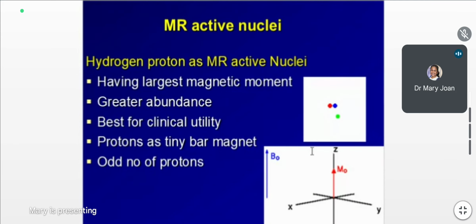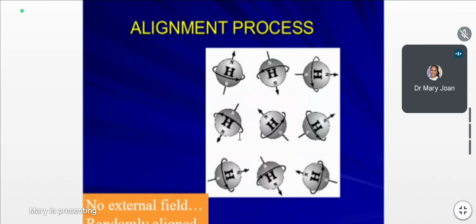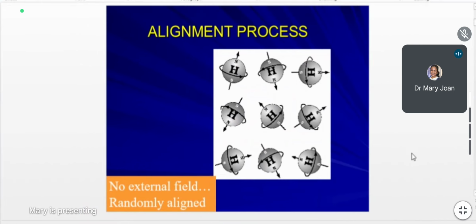Hydrogen protons are MR active nuclei having the largest magnetic moment and greater abundance, best for clinical utility. Protons act as tiny bar magnets and have an odd number of protons. So these are the advantages of hydrogen as an MR active nucleus. Now the alignment process: when there is no external field, these magnetic dipoles, the hydrogen nuclei, are randomly aligned as shown here.